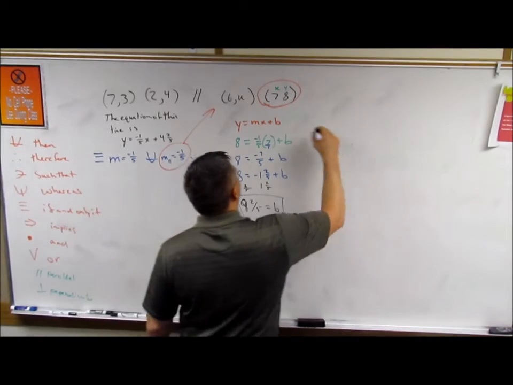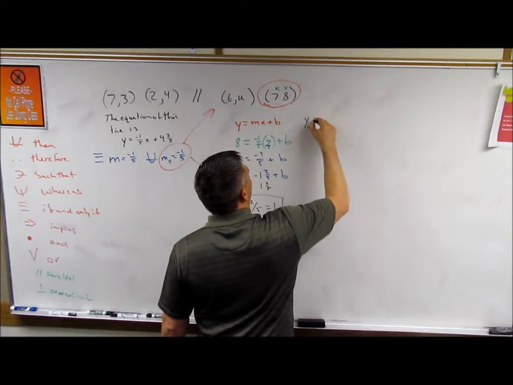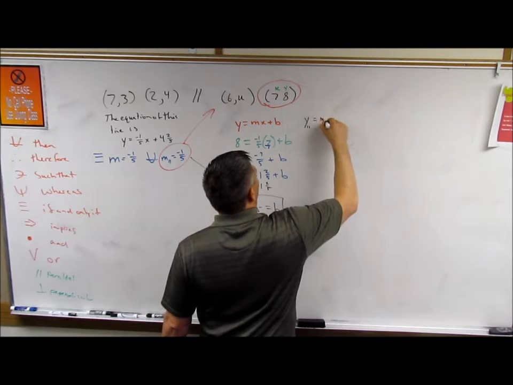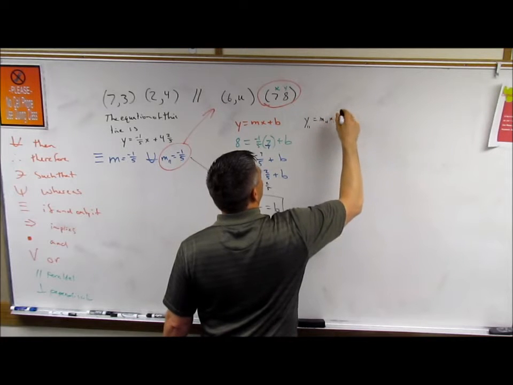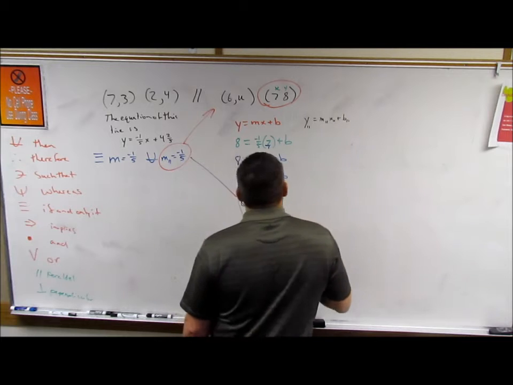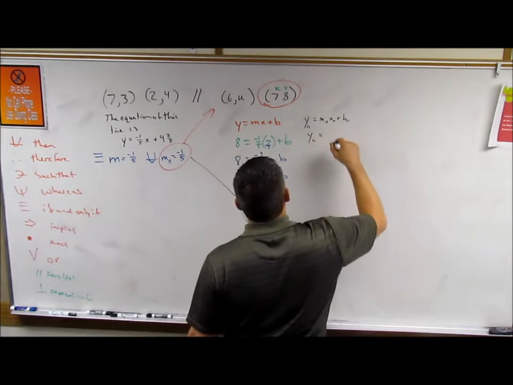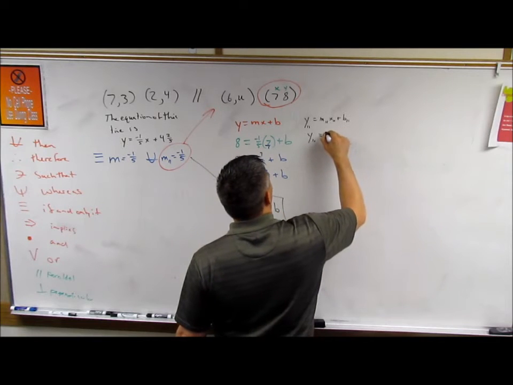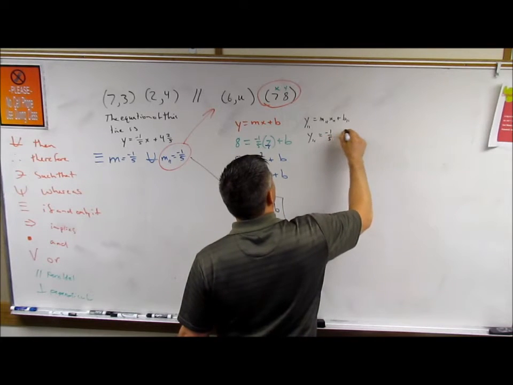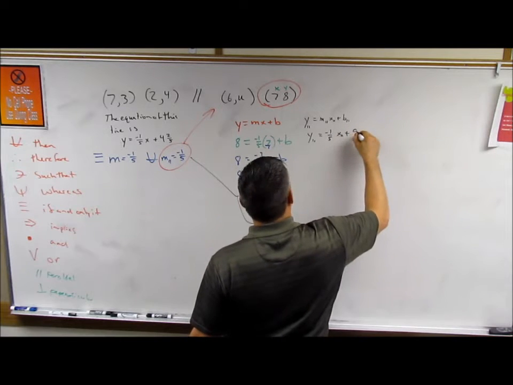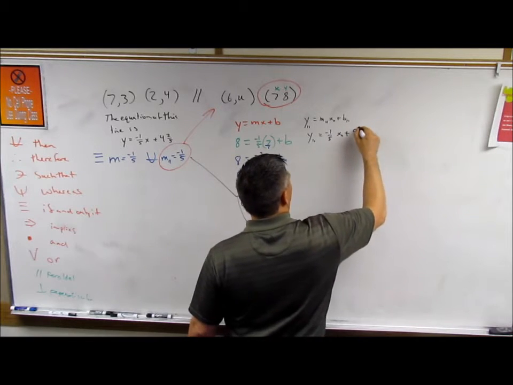I know that my equation for y parallel is equal to m parallel x parallel plus b parallel. So I just plug that all in. y parallel is equal to m, negative 1/5, x parallel plus 9 2/5.